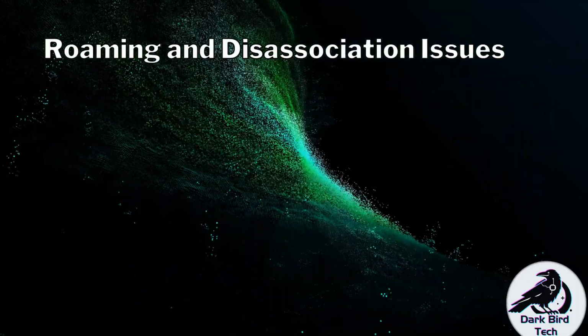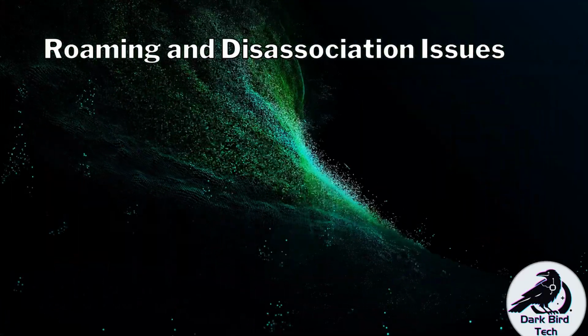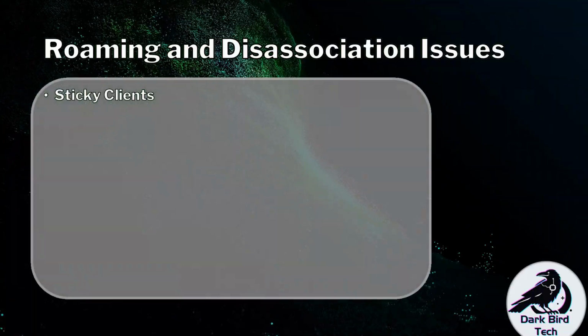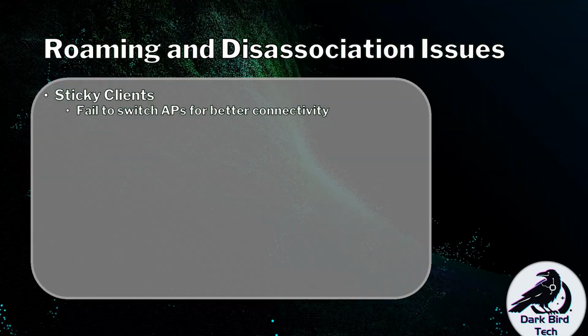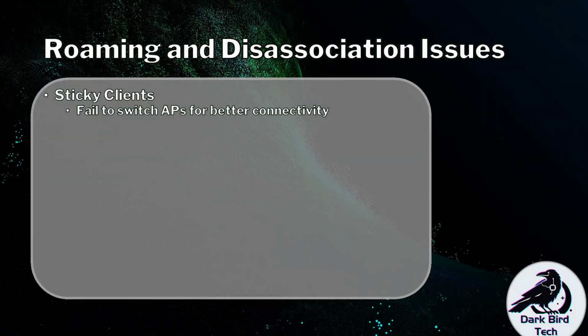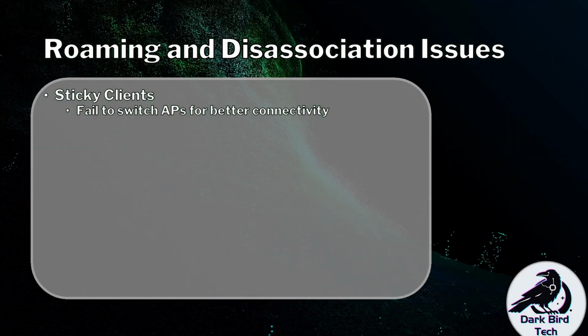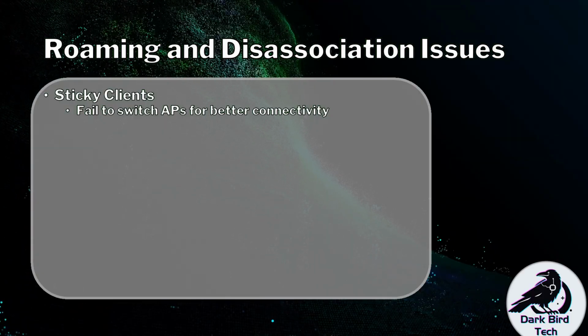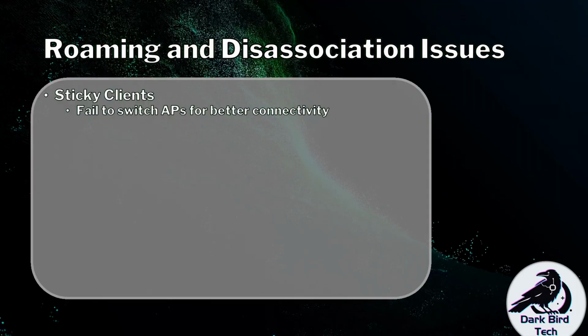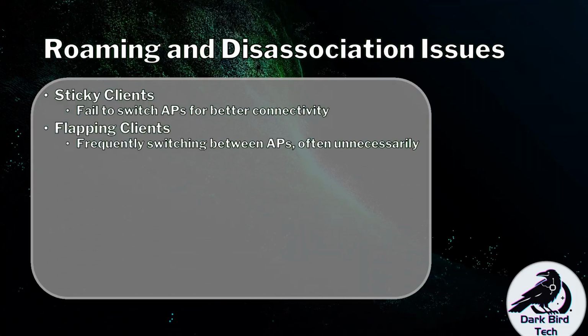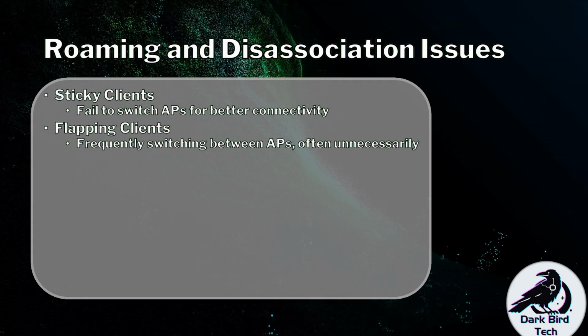Another wireless issue you might encounter would be roaming and disassociation issues. So you could run into what's called a sticky client, which is a client that fails to switch over to an access point for better connectivity. It sticks to its original home AP and refuses to disconnect from it and reconnect to an AP that's nearer with a better signal. You could be dealing with a flapping client. This is a client that frequently switches between APs, often unnecessarily.